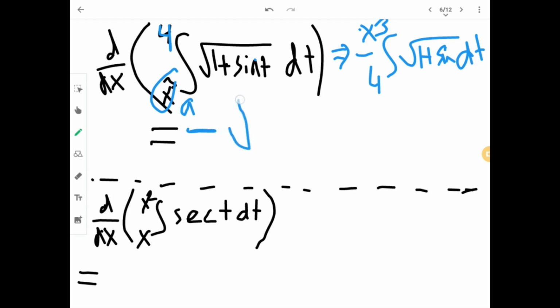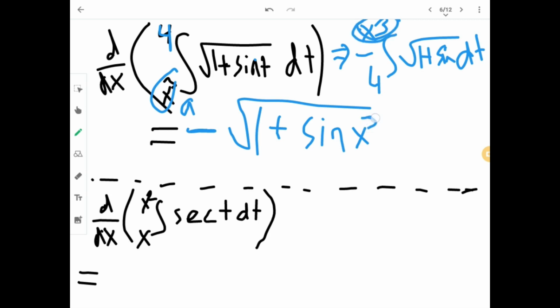So it becomes root 1 plus sine of t, you just put in the x cubed, this value, x cubed, and then you multiply by the derivative of x cubed, which is 3x squared. That's the answer for that. So minus root 1 plus sine x cubed, and then outside the root 3x squared.